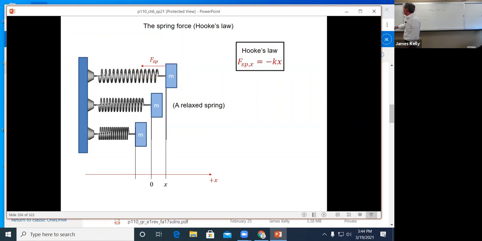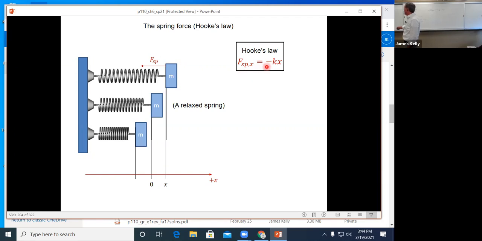Hooke's law tells us exactly, as a function of x, how strong the spring force is. It gives the x component of the spring force, and the minus sign is telling us that when you stretch this to a positive x, the spring force has a negative x component. That's what the minus sign is about, right?